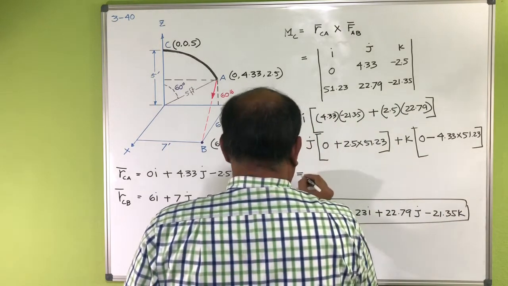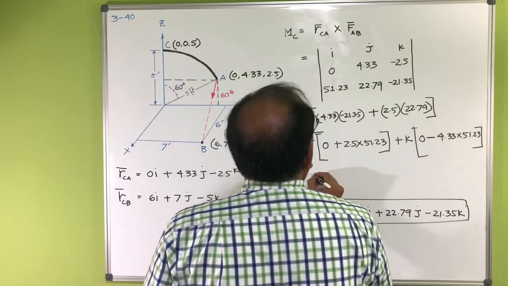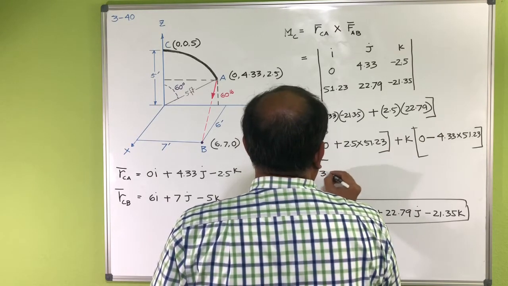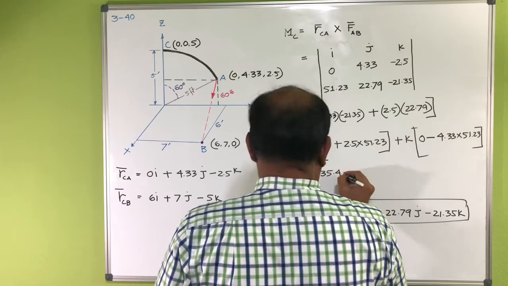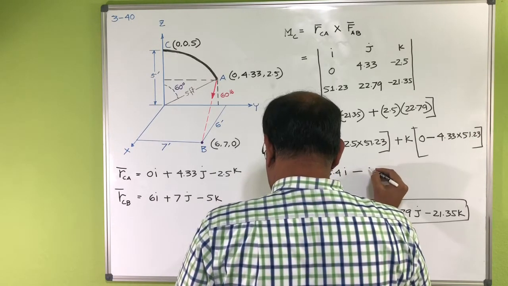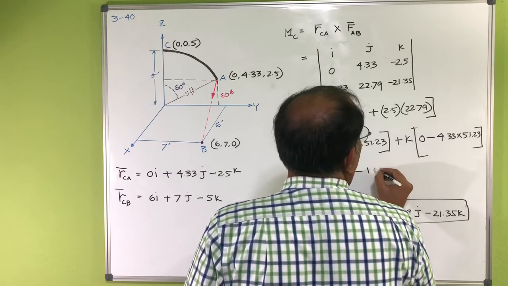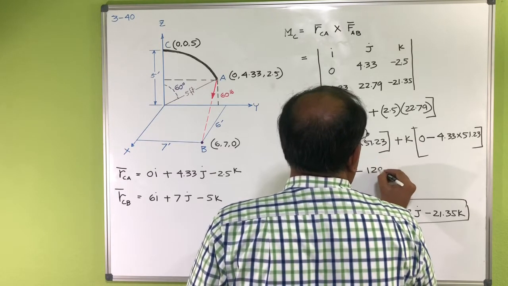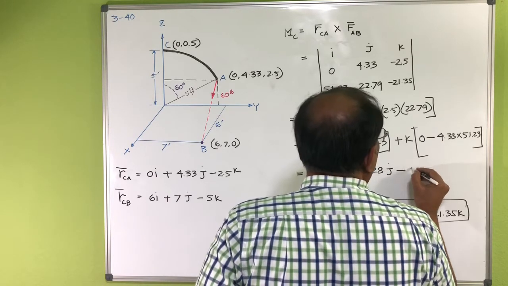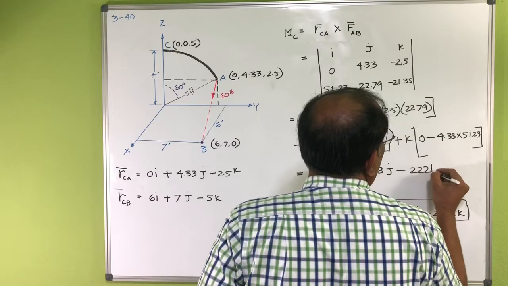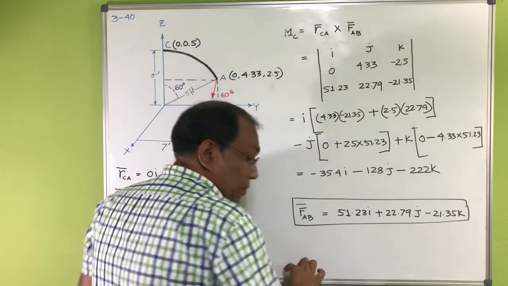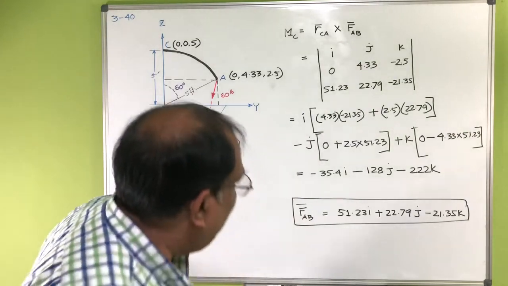That's basically minus 35.4I minus 128J minus 222K. Okay, so that's your answer here.